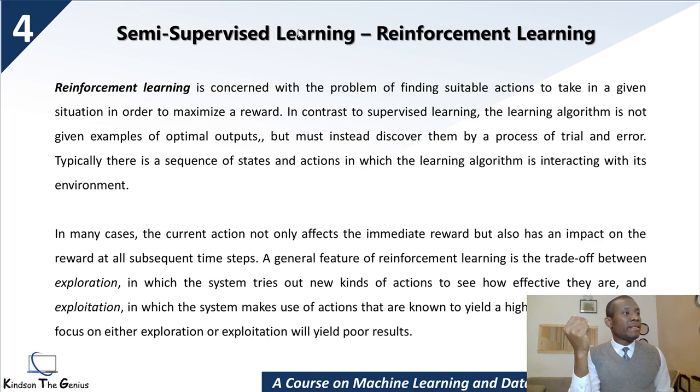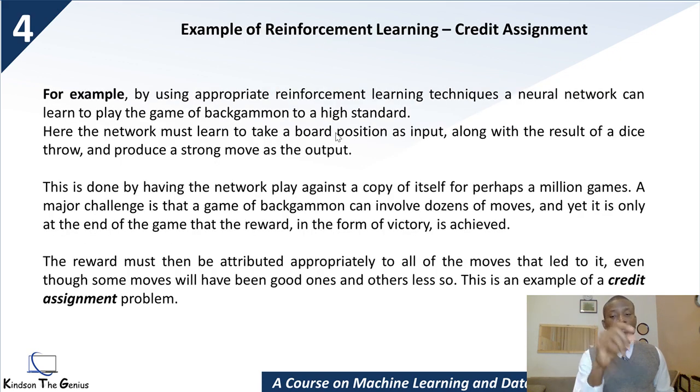But to clarify it a bit, I think I have the next slide that explains a little bit more. For example, by using appropriate reinforcement learning techniques, a neural network can be trained to play a game to a high standard. So what are we talking about? The data set is in a series where one action yields another action, gradually to the end.